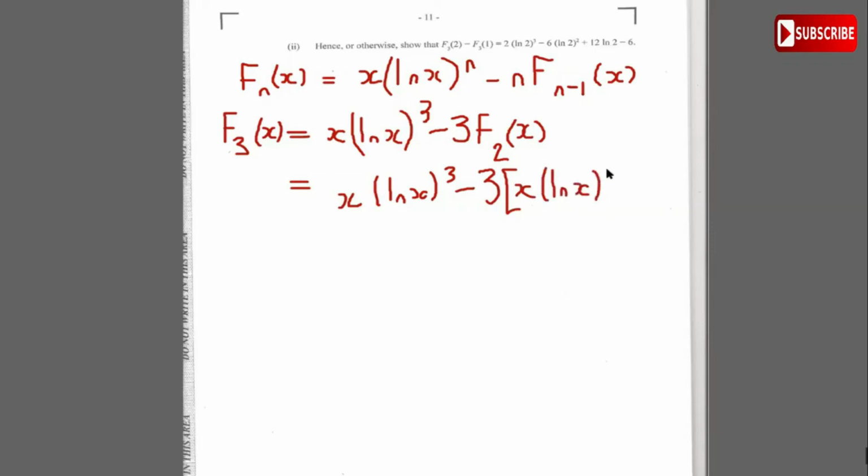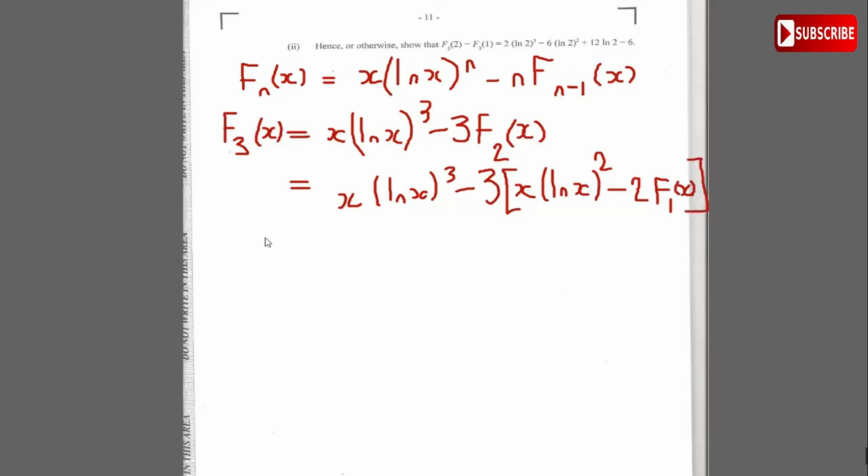Putting in n as 2, we get x(ln x)^2 minus 2 times f_1(x), since 2 minus 1 is 1. Nice. So this is what we get.